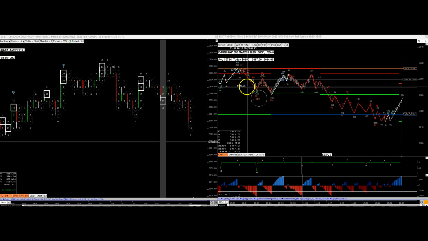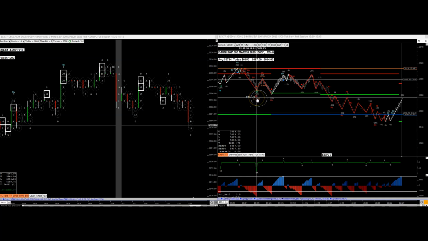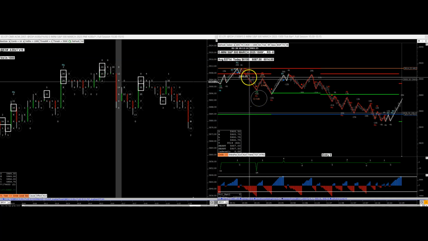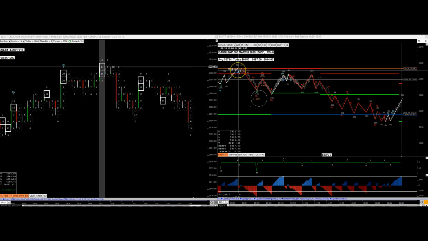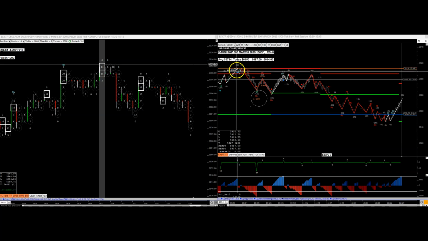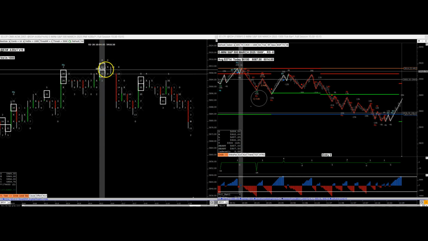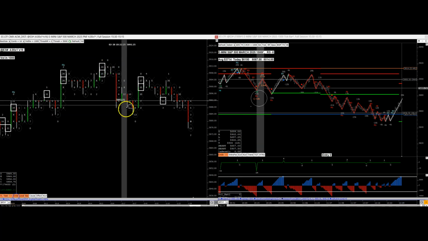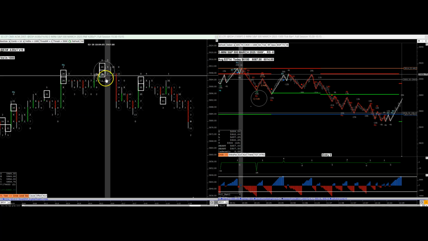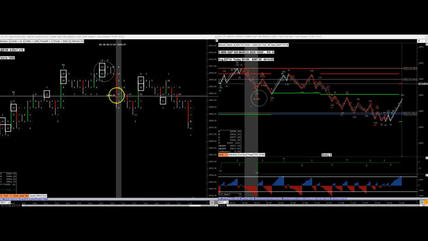So we have this rally change of behavior down, and when we backtrack and see what happened, we see that when we get to this area, this high, look at what happened at the tape reading chart. We have high volume there. That is distribution. You don't know it's distribution until this.